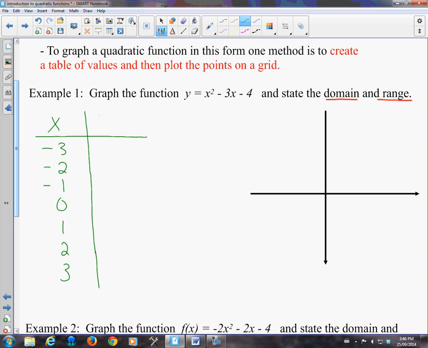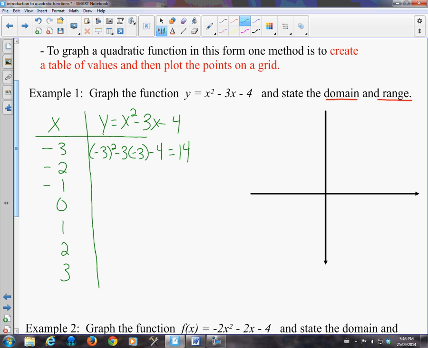And we substitute those values into our equation to get the y number to make a point for the graph. So if I substitute it in, I have -3 squared minus 3 times -3 minus 4. Means my y value would be 9 plus 9 is 18. Take away 4 would be 14.